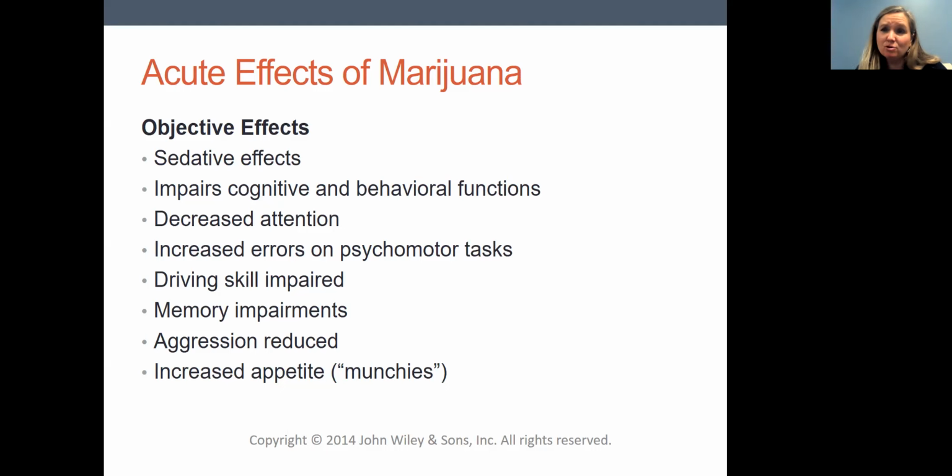They may just drive more slowly. They tend to not have very good memory. So memory impairments, aggression is reduced. All of these are sedation type effects. And then the increase in hunger is reliable as well, which I just mentioned might be helpful for certain patients.